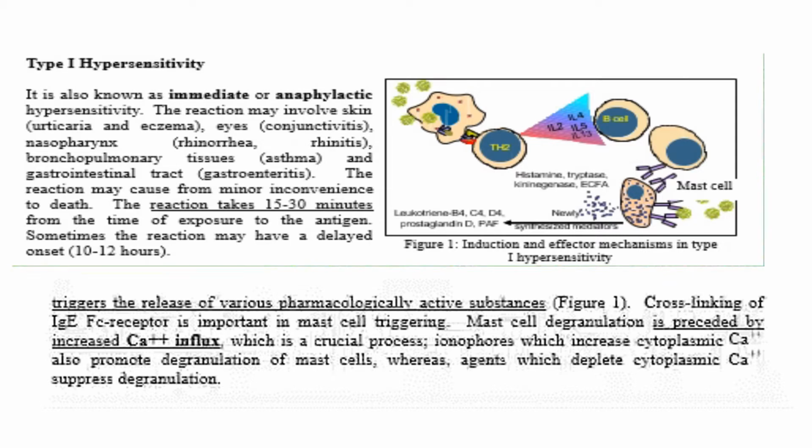The reaction may involve skin manifestations like urticaria or eczema, the eyes like conjunctivitis and itching of the conjunctiva, the nasopharynx causing rhinorrhea and rhinitis, bronchopulmonary disease like asthma and allergic bronchiolitis, and gastrointestinal disease. It may cause diarrhea, gastritis, even gastroenteritis.